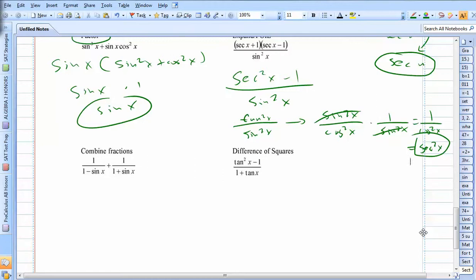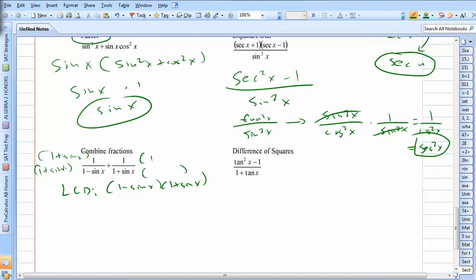Combining fractions, find LCDs. That would make a lot of sense. If I multiply top and bottom of this by 1 plus sine x, top and bottom of this by 1 minus sine x, you have 1 plus sine x plus 1 minus sine x. Boom, boom.